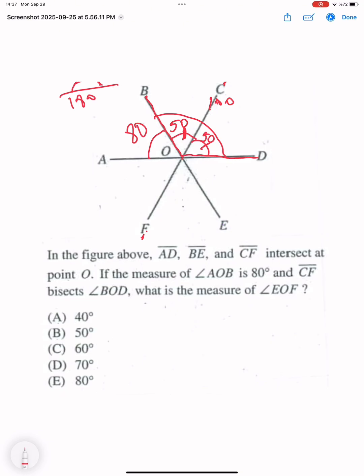So 80, 50, 50, and total we have 180. What the question asks, what is the measure of EOF? EOF, so here. The cross angle is 50, so we know that if the cross angle is 50, then x is 50.